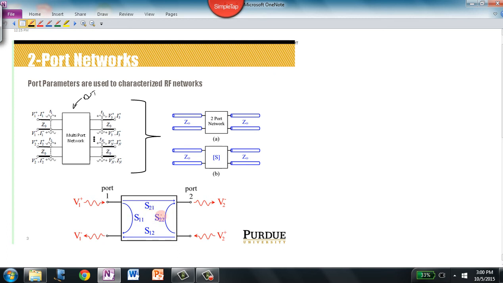No matter the port parameter, there's a basic naming convention. You've got the port parameter type, in this case an S parameter, and then a subscript with two numbers, which I'll denote X and Y. The first is the port the signal is leaving, and the second is the port the signal is injected at.